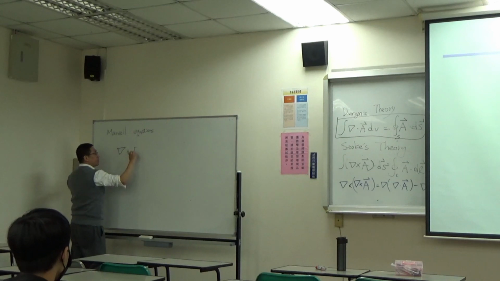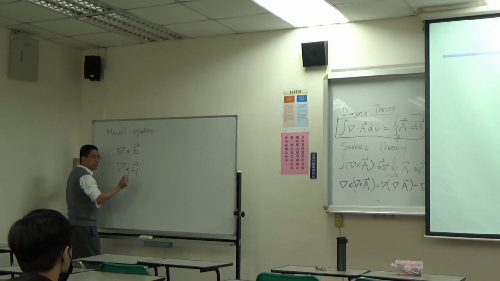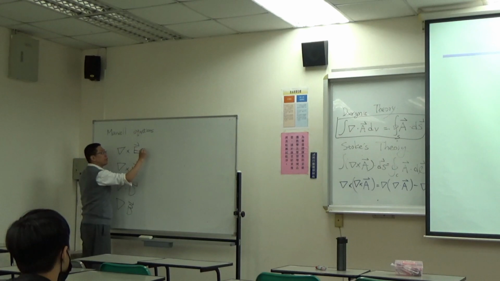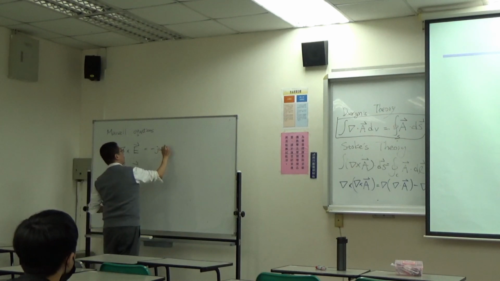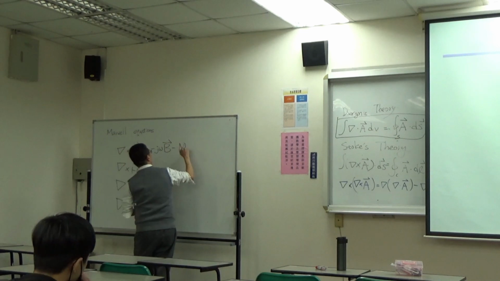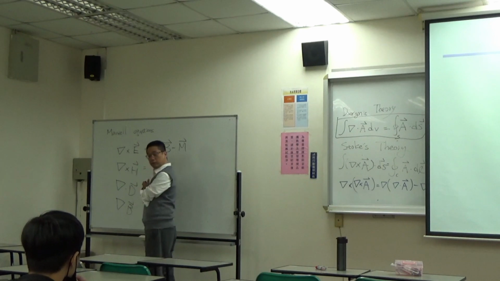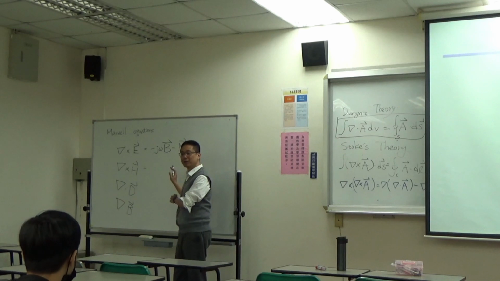We use the curl E and the curl H, and the divergence D and the divergence B. For the first equation, it is minus j omega, and then you use B minus M, right? If you can remember this, it is very professional and very cool, okay? So try to do that.